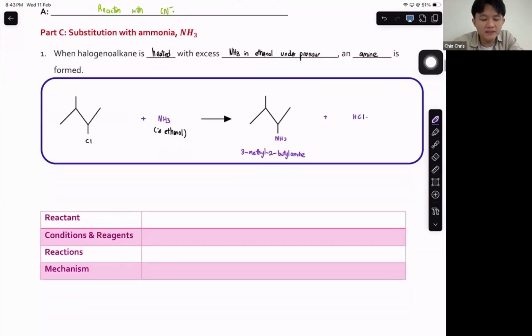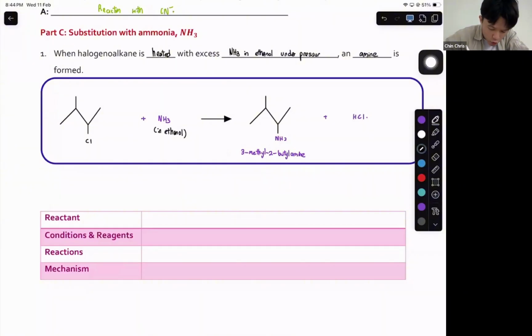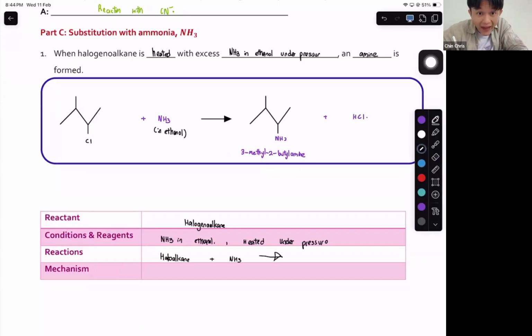Alright, guys, reactant-wise, what do we have? For the reactant, first we need a halogenoalkane. Second, I need NH3 in ethanol. Remember, I need NH3 in ethanol, and it has to be heated under pressure. So haloalkane is gonna turn into an amine.